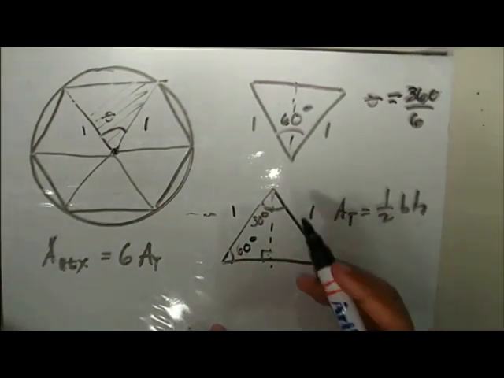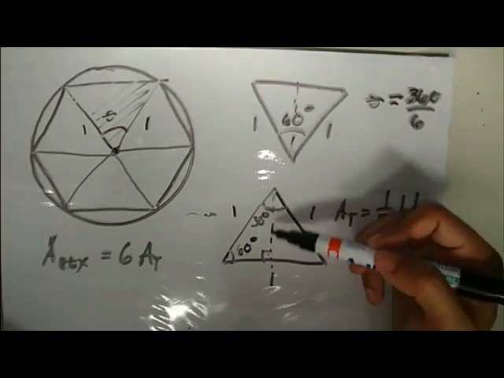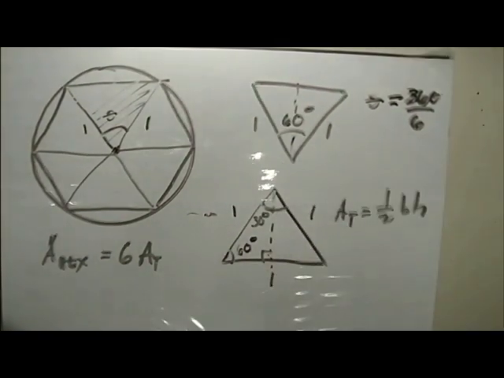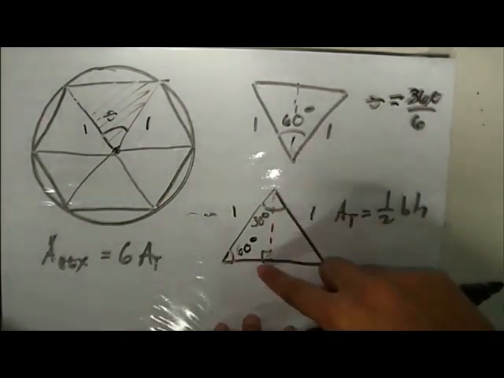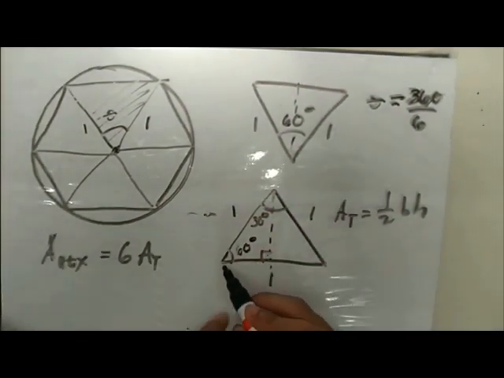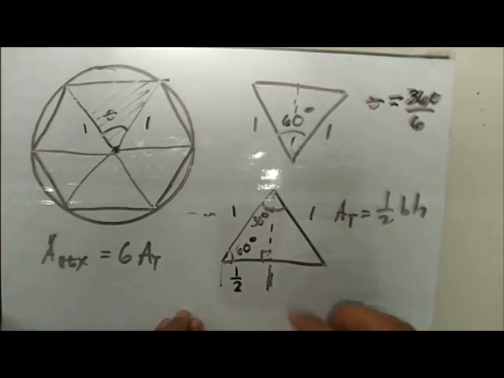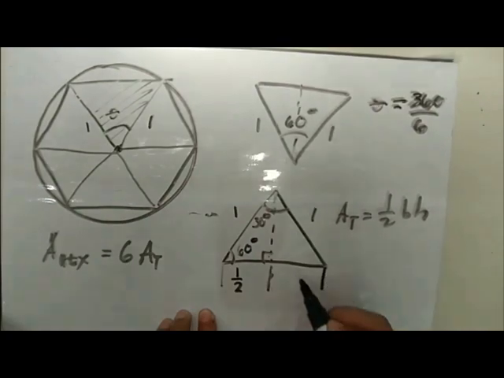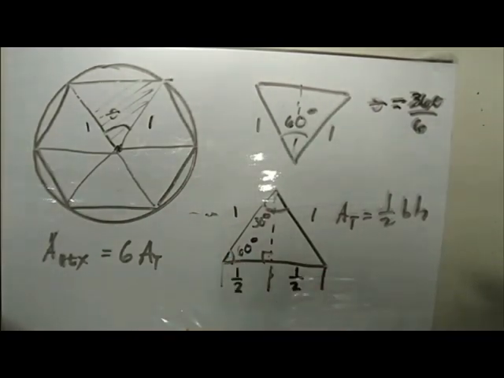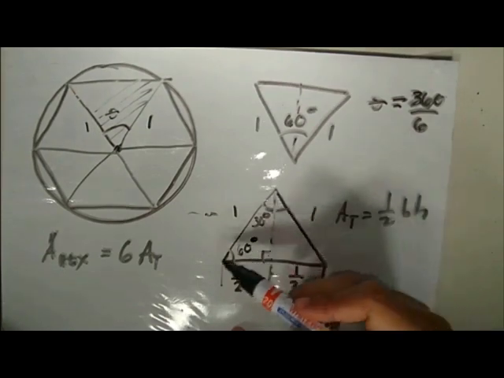Huwag na natin kunin yung kabila kasi meron na tayong base na 1. So, kunin natin yung height. Yung height niya, itong kalahati is 1/2 here. So, equilateral. Para makuha natin yung height, gamitan natin ng Pythagorean theorem.